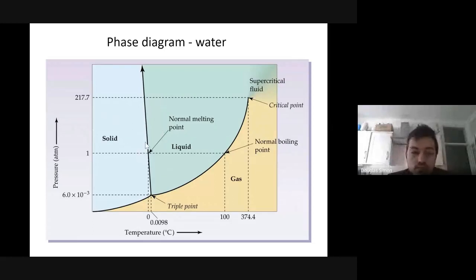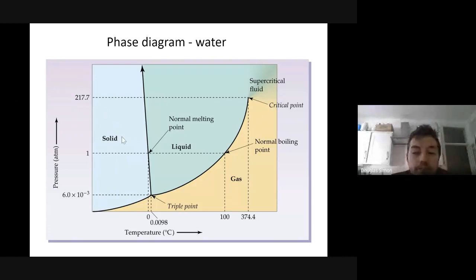And this is really interesting because it means water does a lot of things that other substances don't do. So, for example, if water didn't do this, then ice wouldn't float on water. And the oceans would be completely solid, because when the water froze, ice would sink to the bottom of the ocean, and then it would freeze from the bottom up, which means that probably life on Earth wouldn't exist.